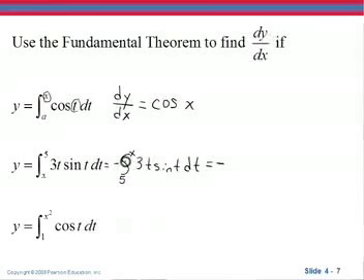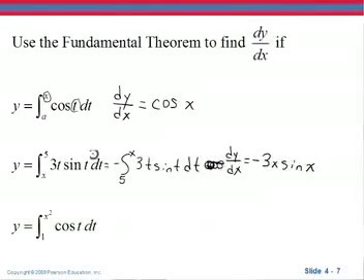Dy dx is the negative, or opposite, of what I get when I plug in x. So that's the opposite of 3x sine x. Notice it didn't matter what the lower limit was. Here it was a, here it was 5. You're taking an integral from some lower constant to x.